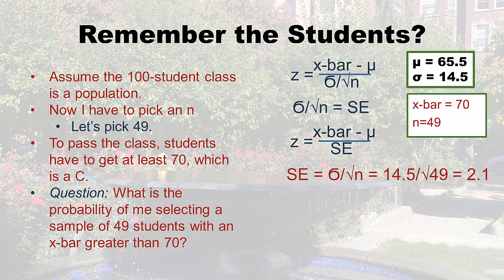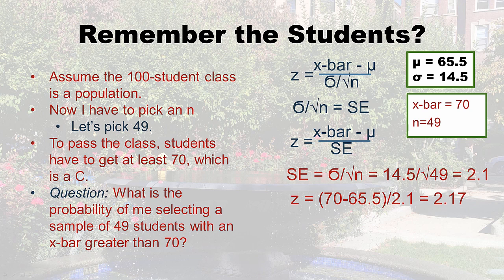So that's where we get this number, the standard error of 2.1. So now let's calculate z. All right, here's z. So z is our x, which is our x bar, which is 70, minus 65.5, which is our mu, divided by our standard error, which is 2.1. And we get a z of 2.17.